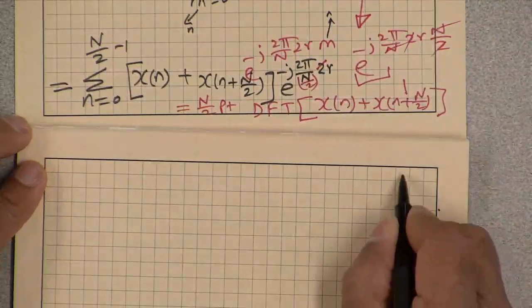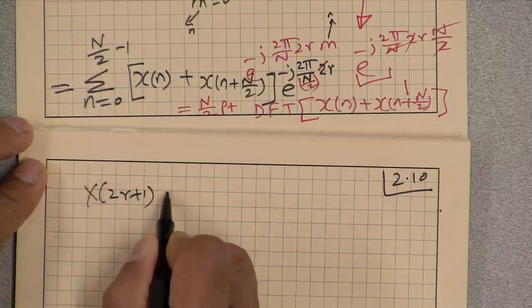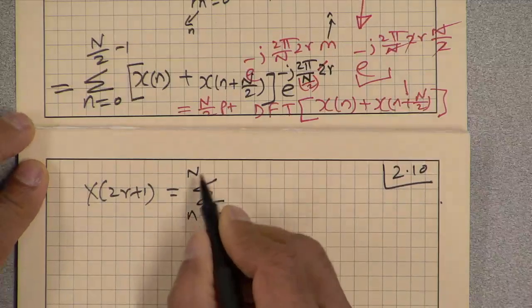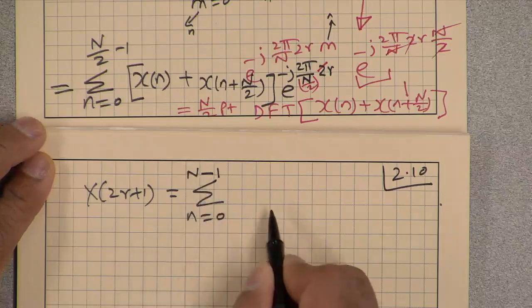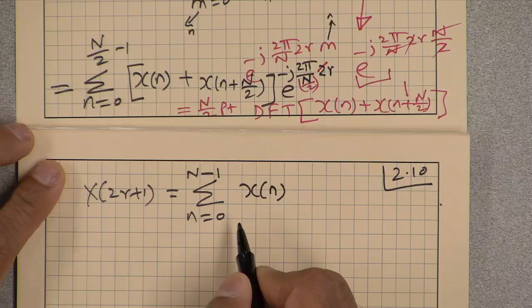So the algebra becomes a little bit more cumbersome, but not too much with 2r plus 1. Okay, so let's continue with that quantity. So X(2r+1) is equal to the sum over n equal to 0 to N minus 1 of x[n].